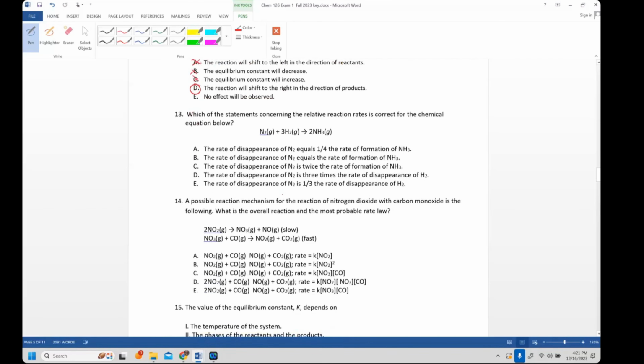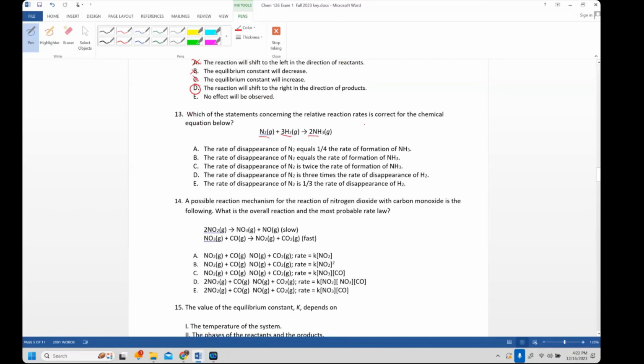Next, 13. Which of the following statements concerning the relative reaction rates is correct? Now, this question several of you had difficulty with on the exam. Basically, it's how do we compare, using the molar ratios, the rate of appearance or disappearance of substances?